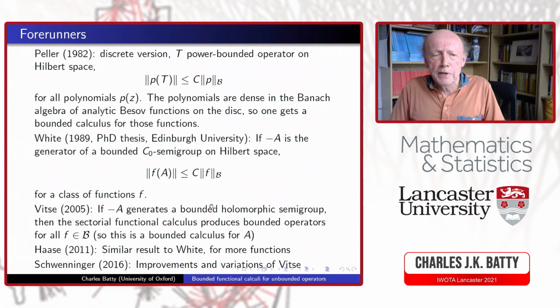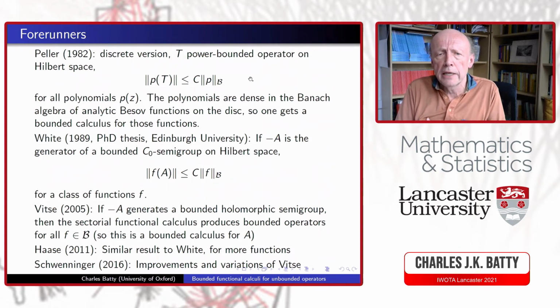Here I go back to mentioning some names of people who did things in this area before. First of all, there was a paper by Peller in 1982, which considers the discrete version, power-bounded operators on Hilbert space. And he showed that the norm of p of T, where p is a polynomial, is less than a constant, depending on the power bound, times the B norm of p, where this B is the disk version of the space we've been looking at.